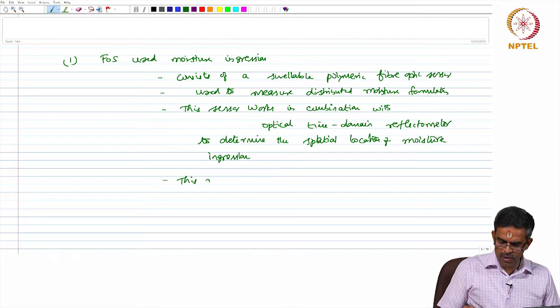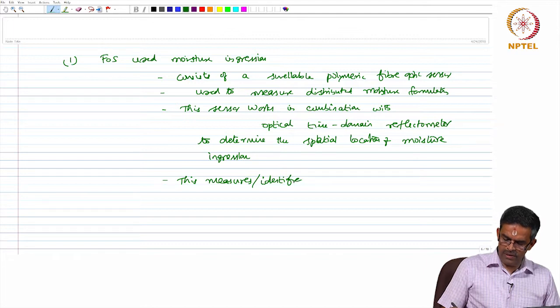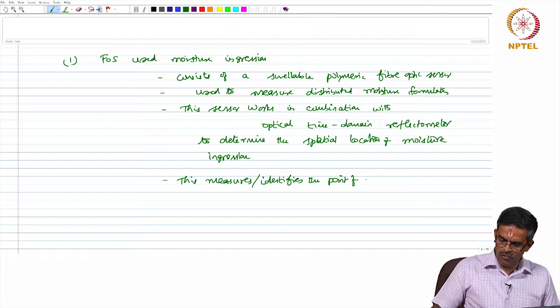This measures the point of ingression. This measures, or I should say identifies, the point of moisture ingression by attenuation principle.